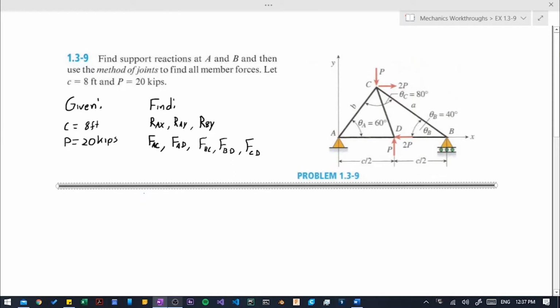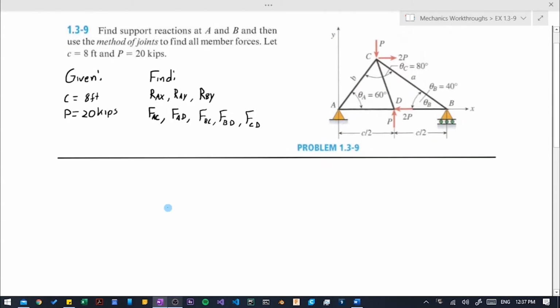All right, so next we're going to be working on finding the support reactions, and to help with that, we will draw a free body diagram to simplify our structure and focus on the forces instead of the structure itself.